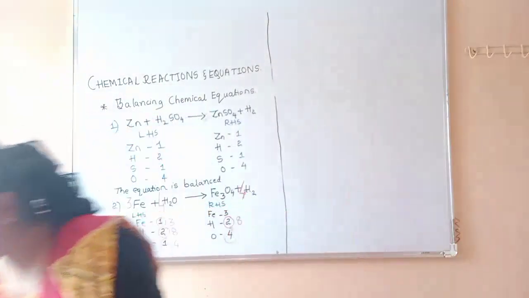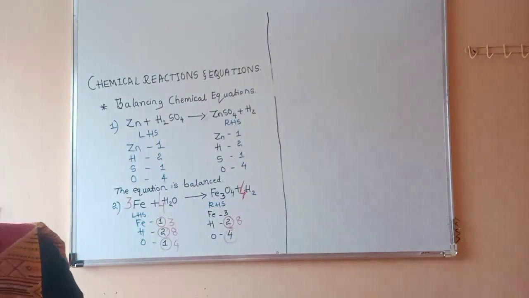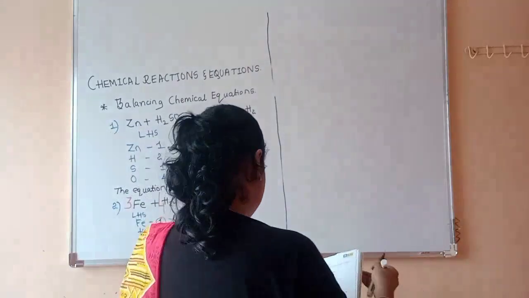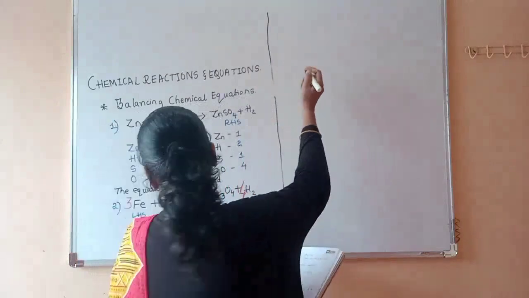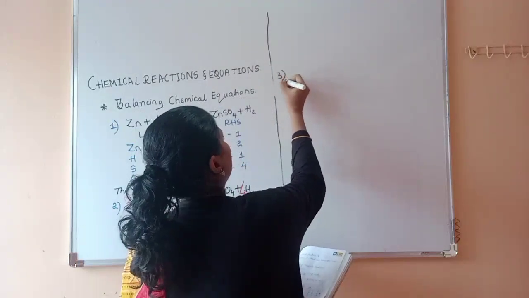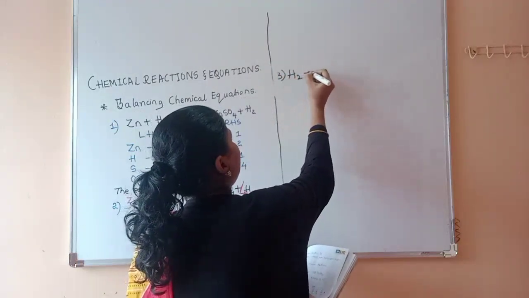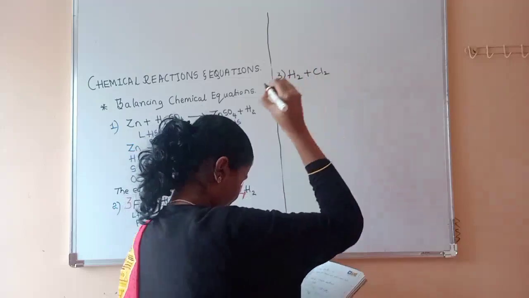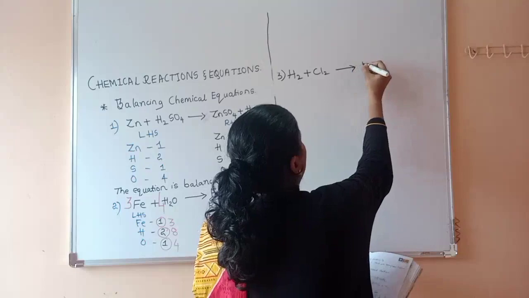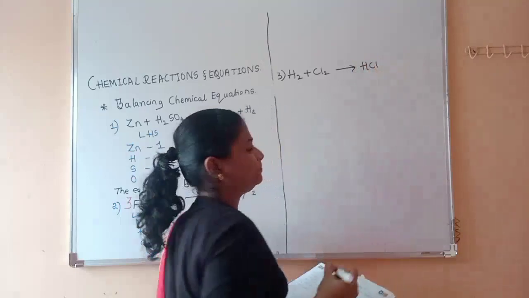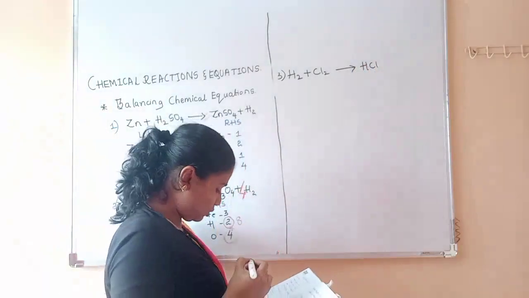Let me take the other examples. The third one: hydrogen plus chlorine gives you hydrochloric acid. Let me write another question now.